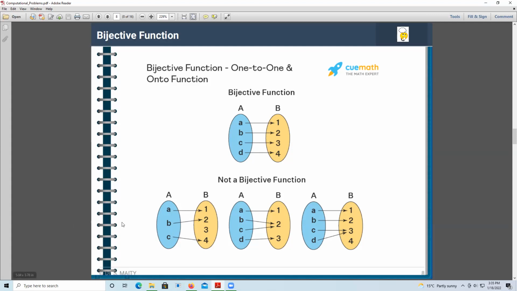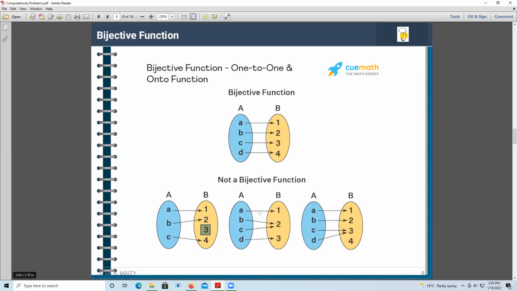So according to the definition of a function, there should be an image in the codomain. So here the element 3 violates the property of a function, sir. Exactly, very good.